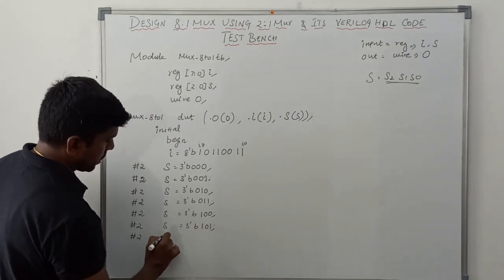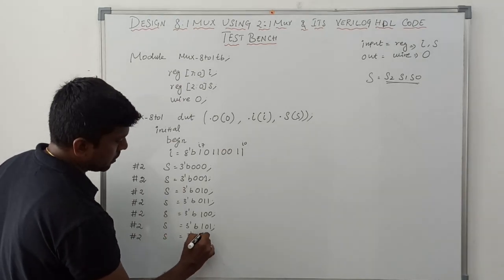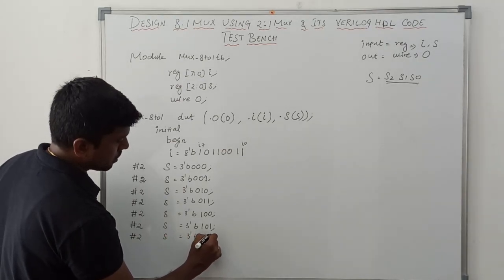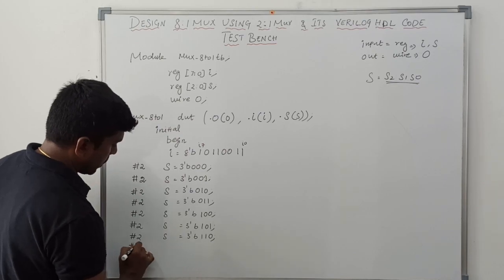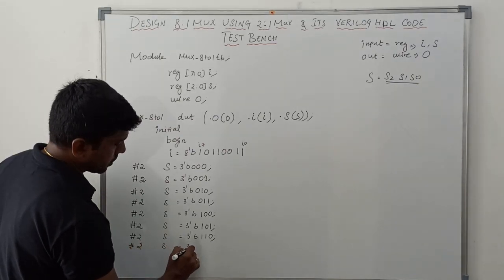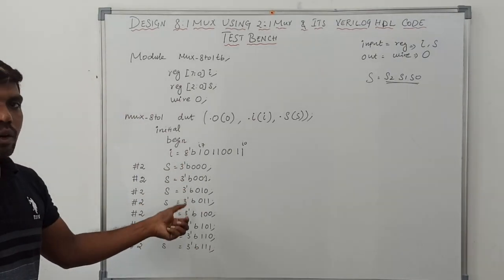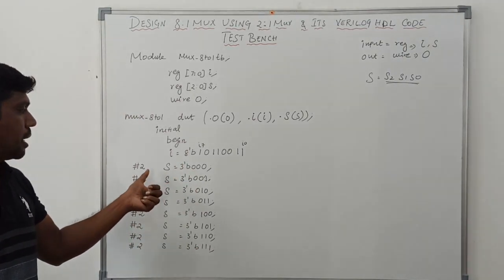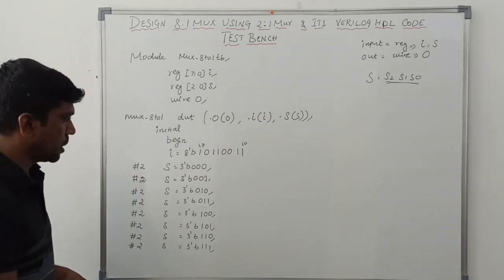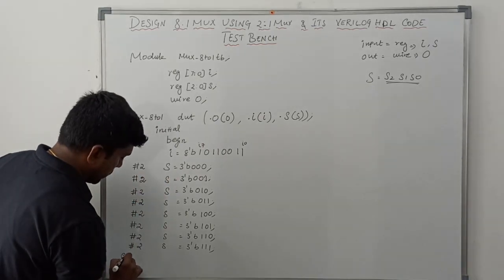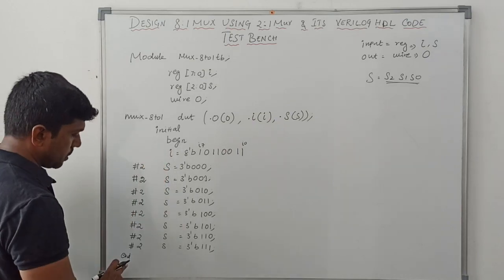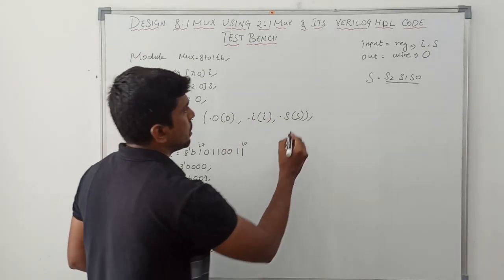After 2 nanoseconds, S = 3'b110. Then after 2 nanoseconds, S = 3'b111. So totally 8 combinations of input are passed, one every 2 nanoseconds. Then end, so this begin and end close the statement.